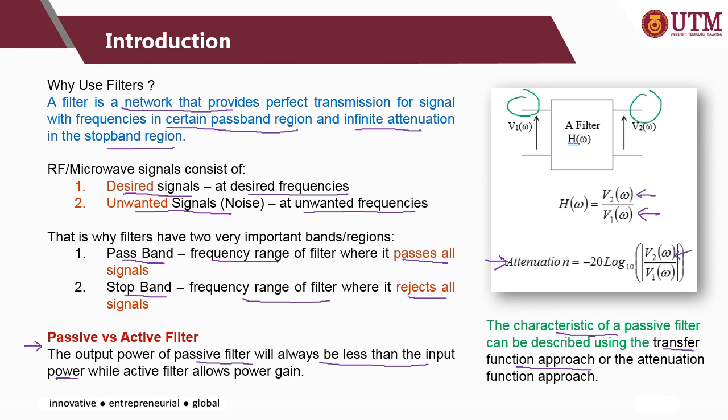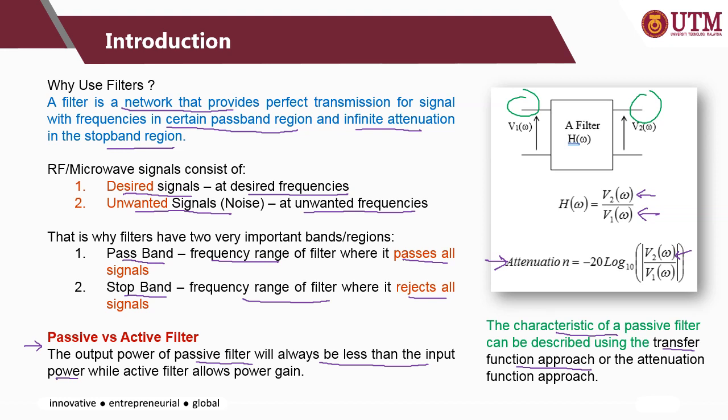Because during transmission, if you remember, there will be coupling, there will be disturbance, there will be signal loss due to reflection and also retransmission across the junction, etc. That's why in a passive filter, the output is always lesser than the input.